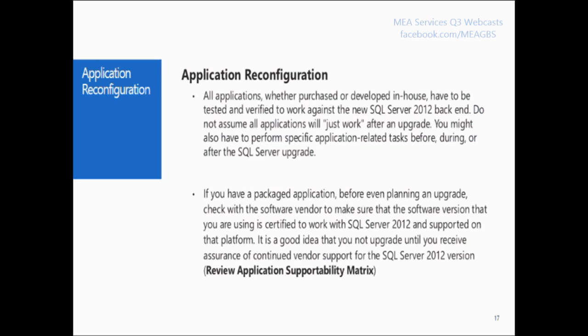So for example, if you're trying to migrate to SQL 2012 and the application only runs on SQL 2008, then the original vendor of the application, the provider, needs to do some kind of work to upgrade his application as well. So don't just assume that whenever you start working on an application, it will automatically support the newer version of SQL Server, or maybe the different configuration you're doing.